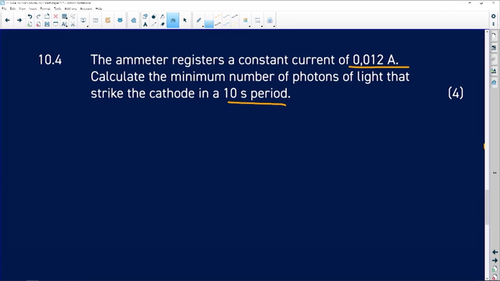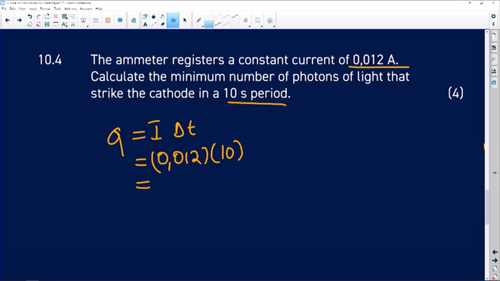We know that charge is equal to current times change in time. Are we given current? Yes, 0,012, and then we have our time. It's 10 seconds. No need to change it.